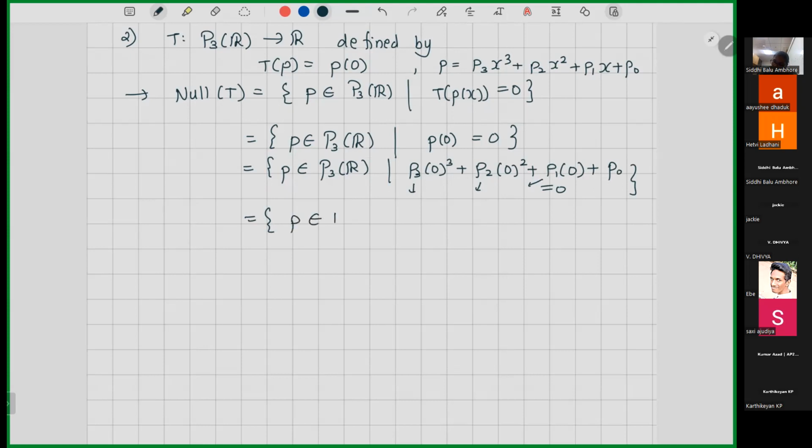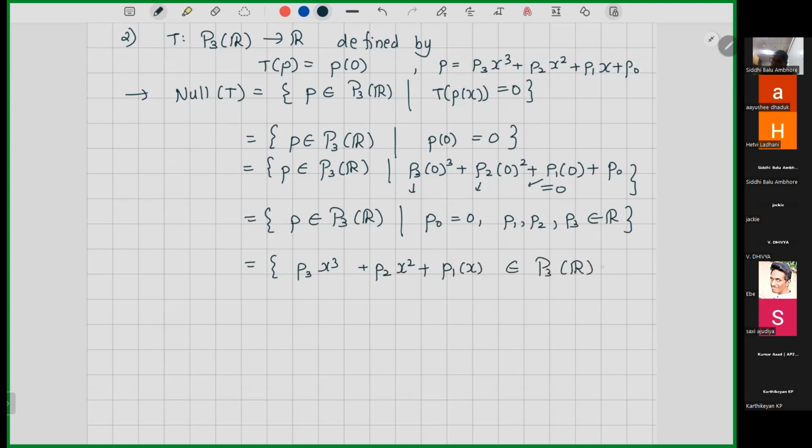So the polynomials we get here are such that p naught is 0 and p1, p2, p3 are in R. These are all the polynomials of the form p3 x cube plus p2 x square plus p1 x belonging to P3(R).